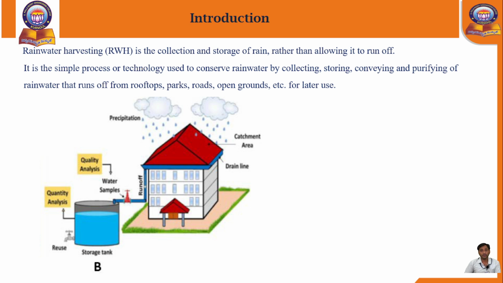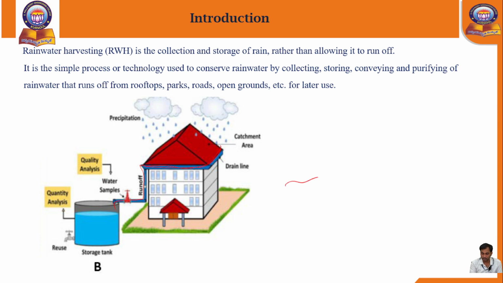From the terrace, nothing but the upper floor of our house, the catchment area is available, any terrace area or collecting area to collect the rainwater. From there we can collect the water, and the water collected on the terrace we can easily transfer to the storage areas, storage tanks like this, or we can provide sumps.